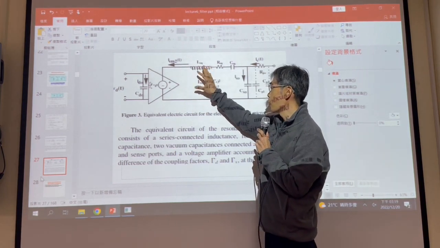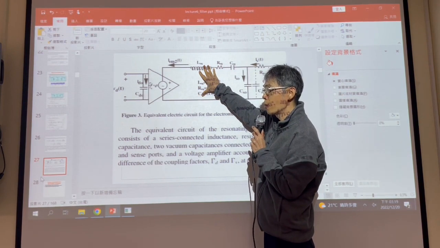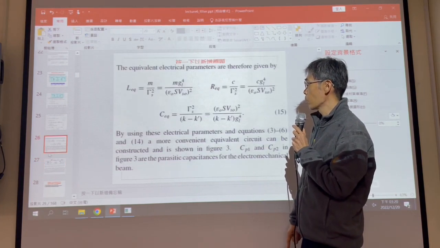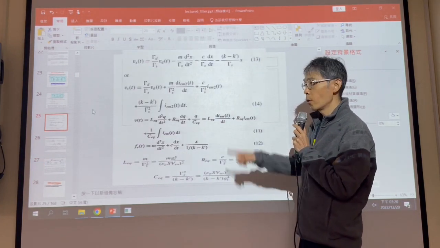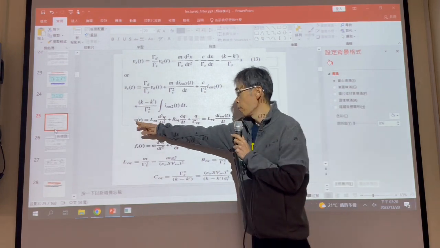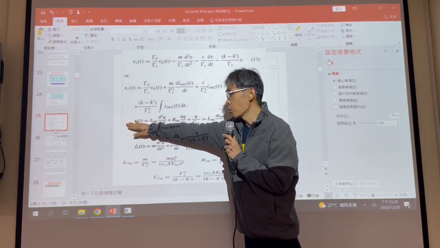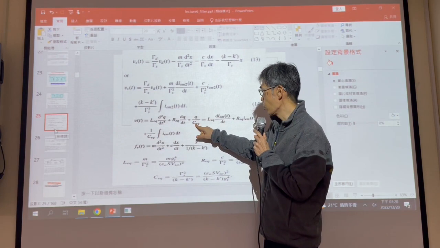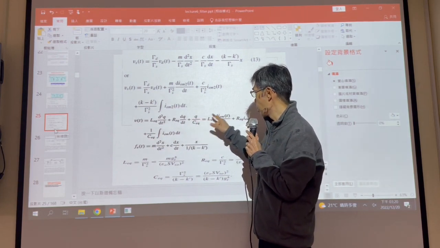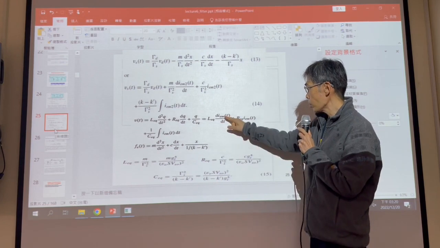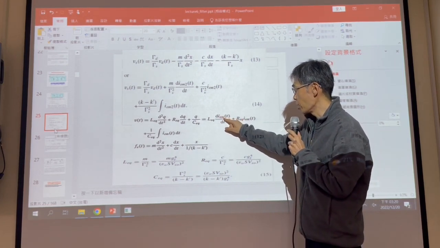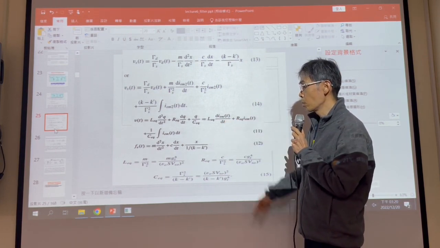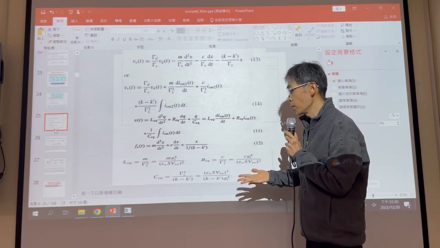So that's why we want to use this as the simple circuit. For that circuit, VD minus VS is the voltage supply. And this is LEQ, REQ, CEQ. And we have the current. This is the current, but we want to use IEM2 as the equivalent current. That's the reason.